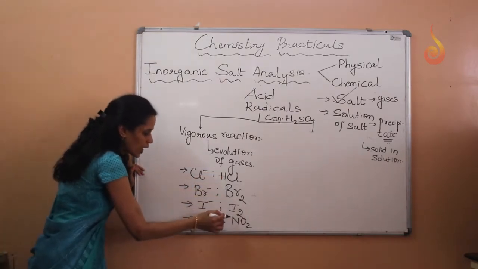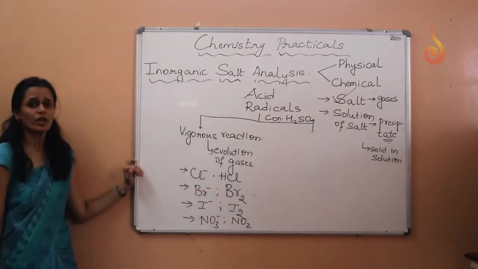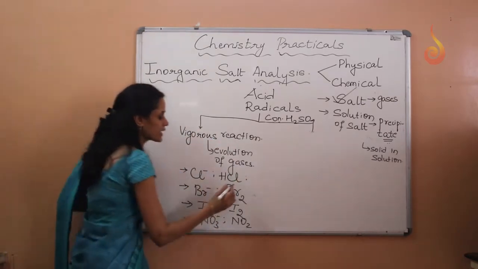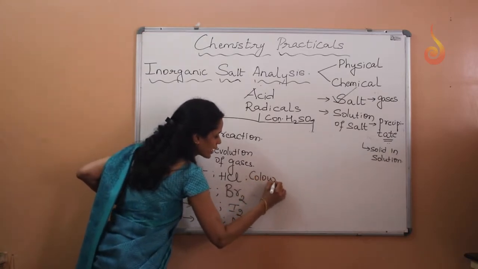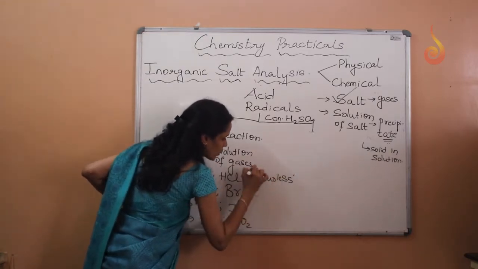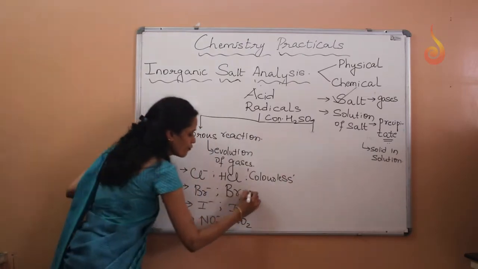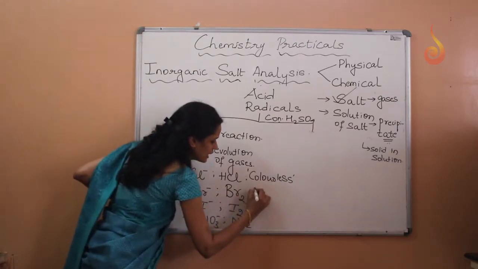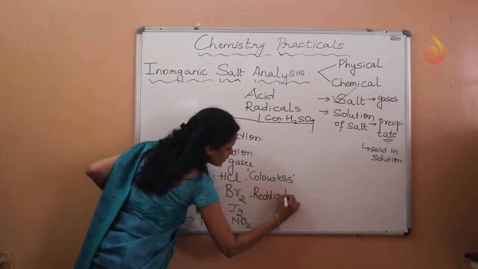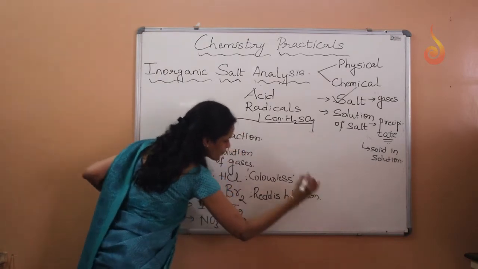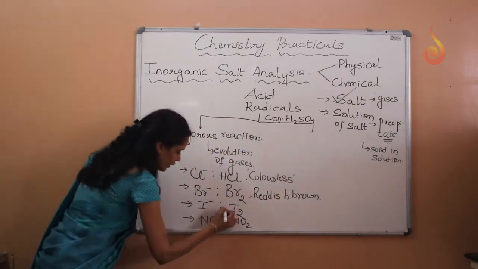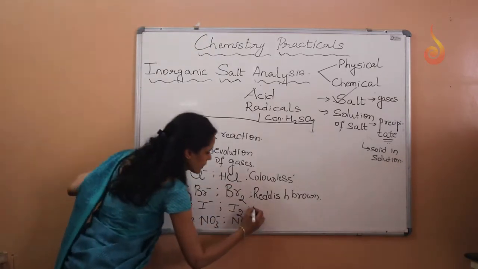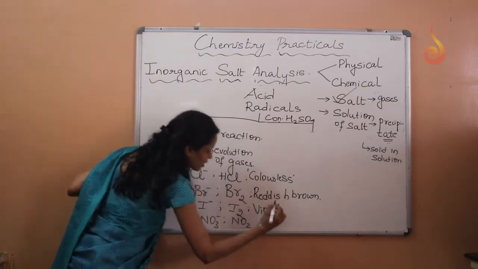But all these gases have their own characteristic color. If chloride radical is present, then the hydrogen chloride gas liberated is always colorless. If bromide radical is present, the bromine gas liberated is always reddish brown color. If iodide ion is present, the iodine gas liberated is always violet color.